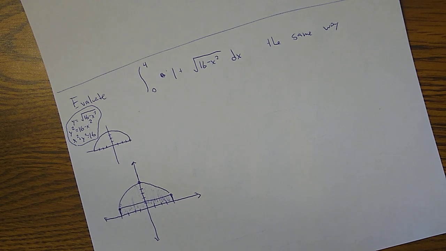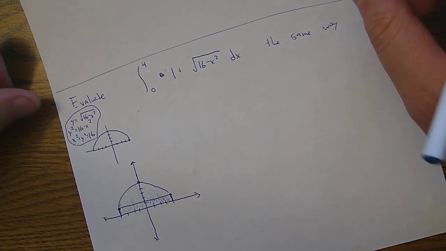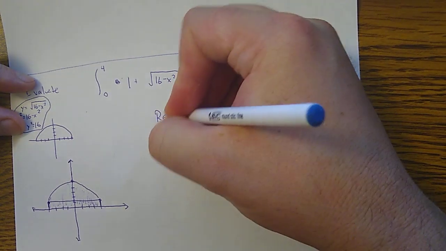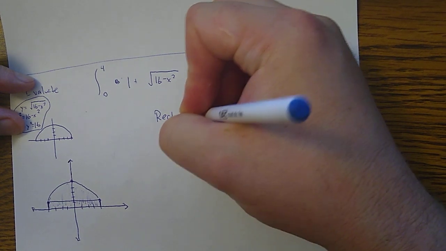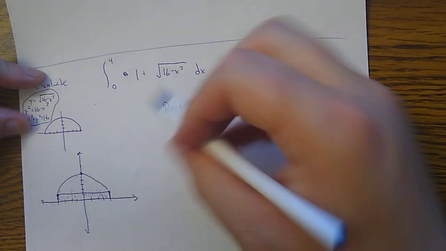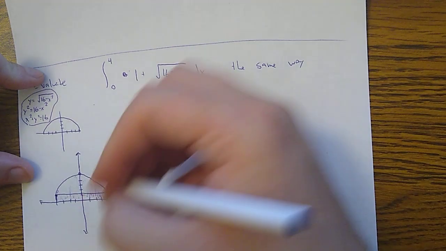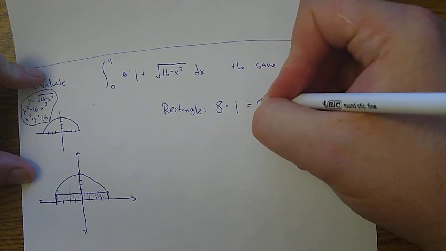And those are two shapes that I can find the areas of. I know the area of a rectangle and I know the area of a semicircle. So the rectangle would have a width of 8 because it's 4 on this side and 4 on this side, and a height of 1.